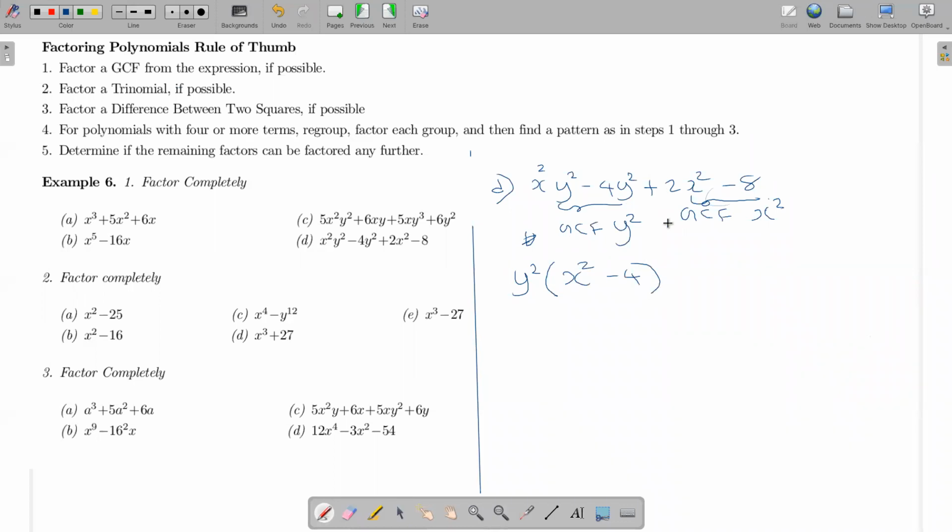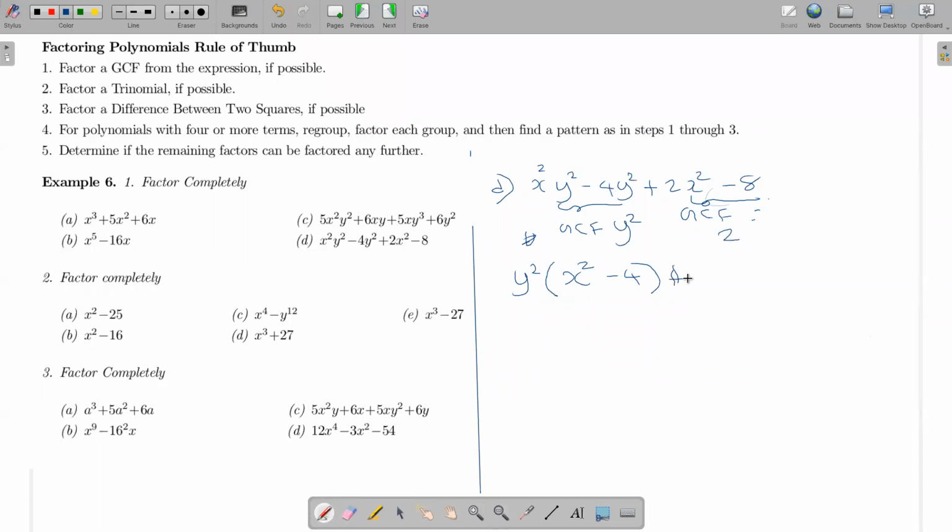For the second one, what is common? 2 is common, no?